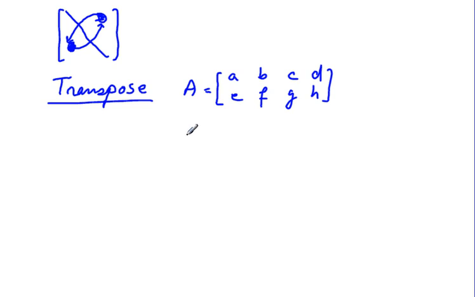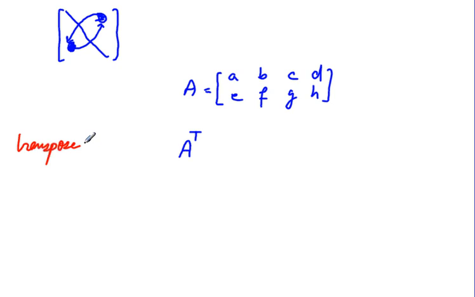Transpose of A is shown by, depending on what book you use, typically they use the letter T. So let me write it here maybe. Transpose of A, which is shown by A with a T on top of it. Sometimes they put an apostrophe or something. It's just the same thing, except that the rows have been turned into columns and columns into rows.